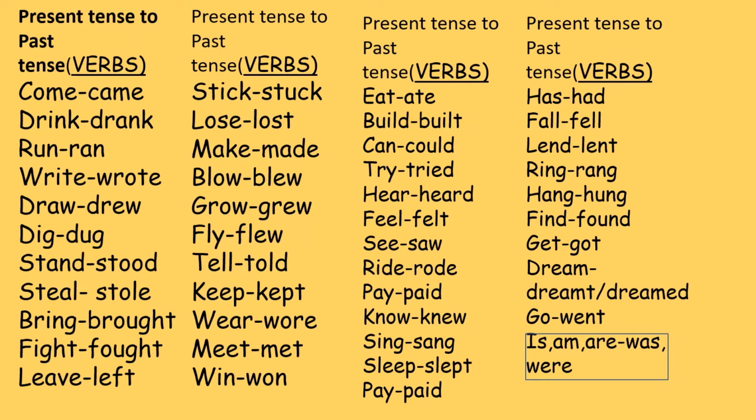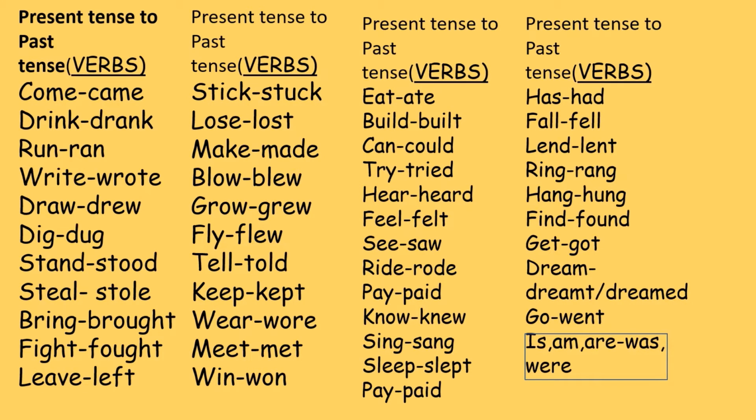For these kinds of verbs in the past tense, where the spelling of the words is changed, I find that my students face quite a lot of problems in understanding it. Why? Sometimes they forget the spelling when it's written in the past tense. When they should write in the past tense, they write it in the present tense. So you have to be very careful when you write in the past tense.